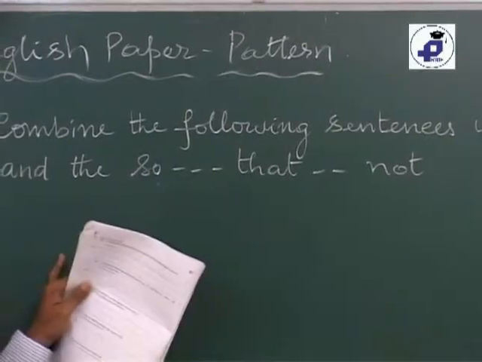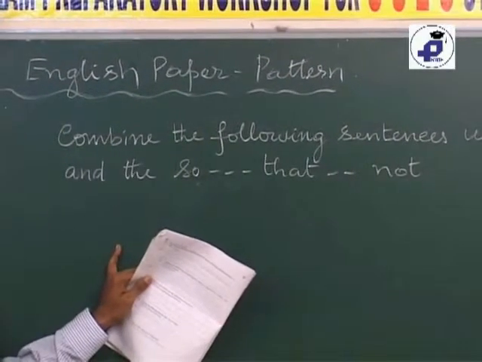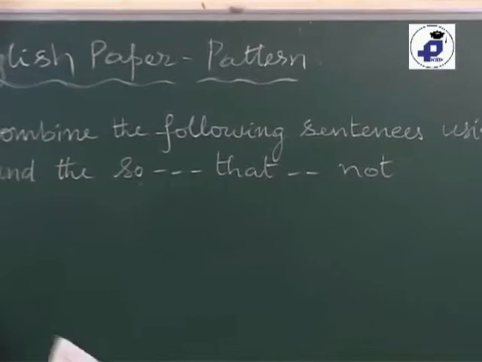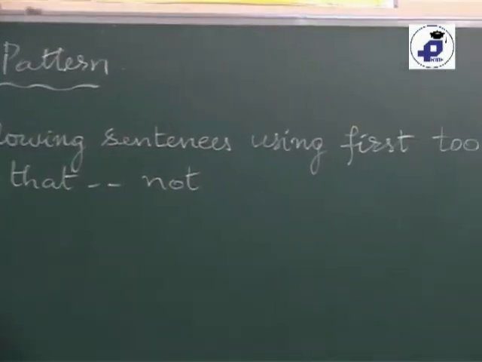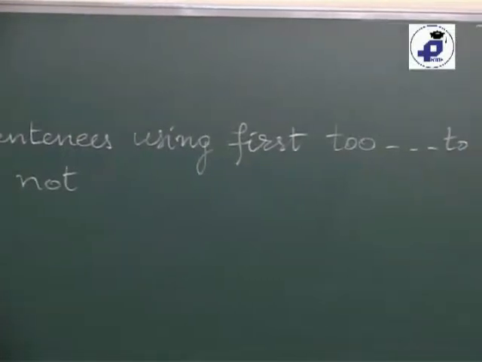Now this is actually a very, very simple question. So you have to combine two sentences using "too... to" and another one using "so... that... not". So two sentences are given.